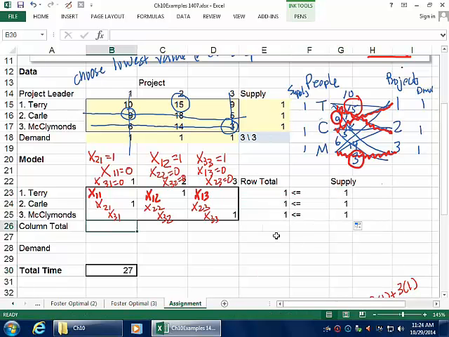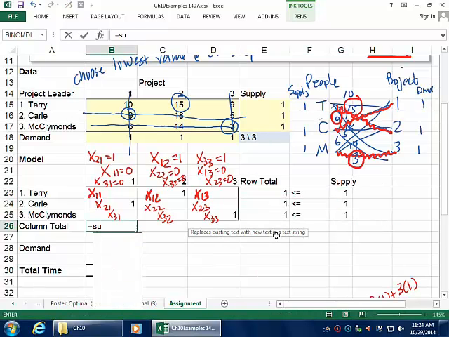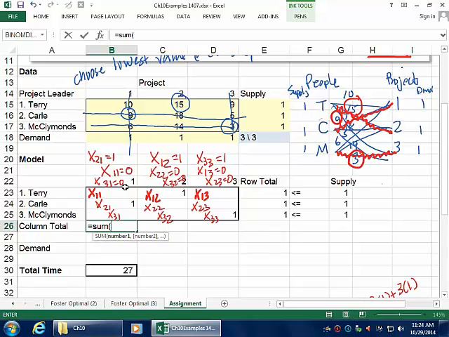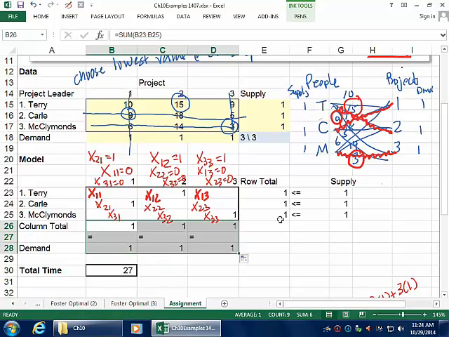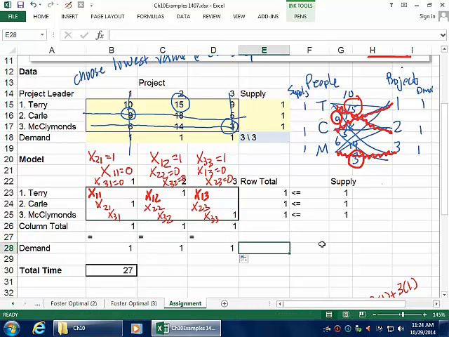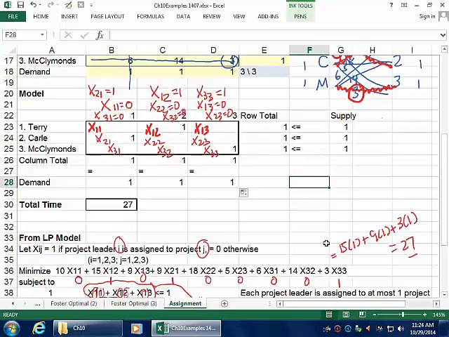I did the same thing as before. Column sum must be equal to the demand, which is this one here. Then we copy this across. So here are my columns, my second set of constraints, and in Solver it's the same thing.